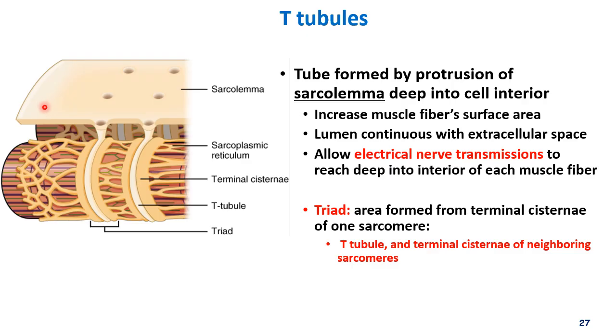When you destabilize the voltage, you want to send a signal to your sarcoplasmic reticulum that this destabilization is happening, okay? The way that you can reach a lot of this sarcoplasmic reticulum at once is by having this type of formation of your cell membrane, okay? So this is going to be important for transmission of the electrical signal to a larger area inside of your muscle fiber. Okay, so electrical nerve transmission. That's the important function of the triad.